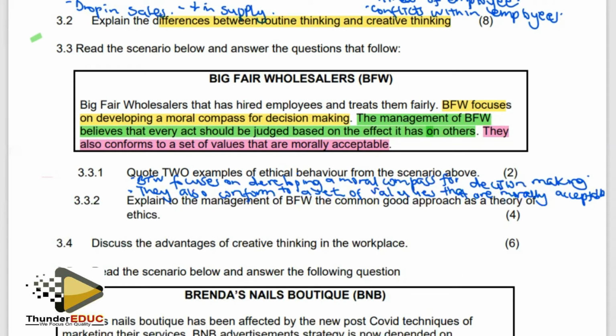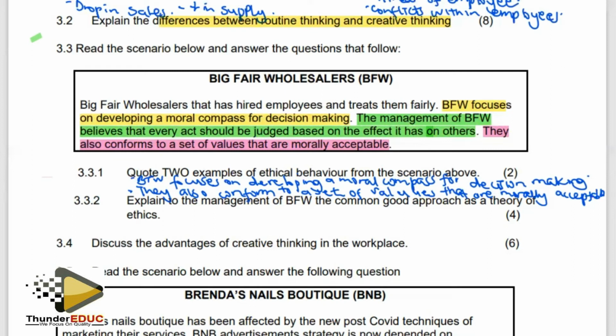Before you make any decision, you have to ask yourself, is what I'm doing morally upright? Does it conform to community norms, rules, regulations and values? Is it fair in the eyes of those who are seeing it? Is it right? So those are what you call ethical behaviors.